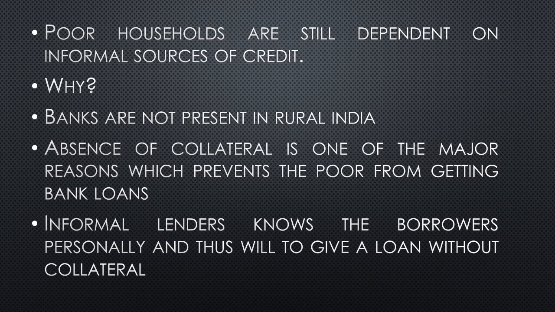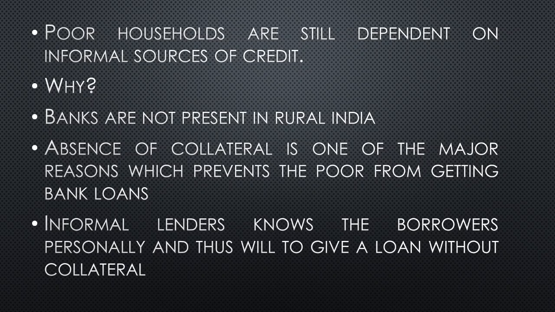The informal lenders such as moneylenders know the borrower personally, right? The moneylenders know the farmers or the poor people personally, and they give the loan that very day when they go to ask for it. They are also willing to give the loan without collateral, so they do not ask for any collateral from the borrower.